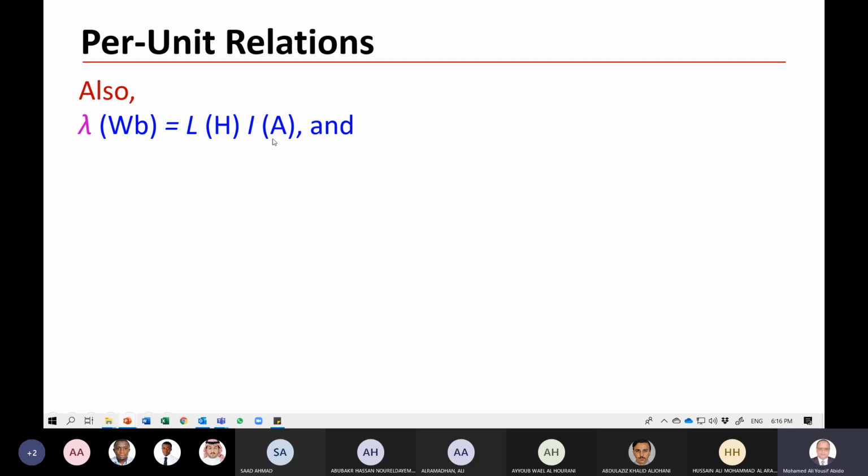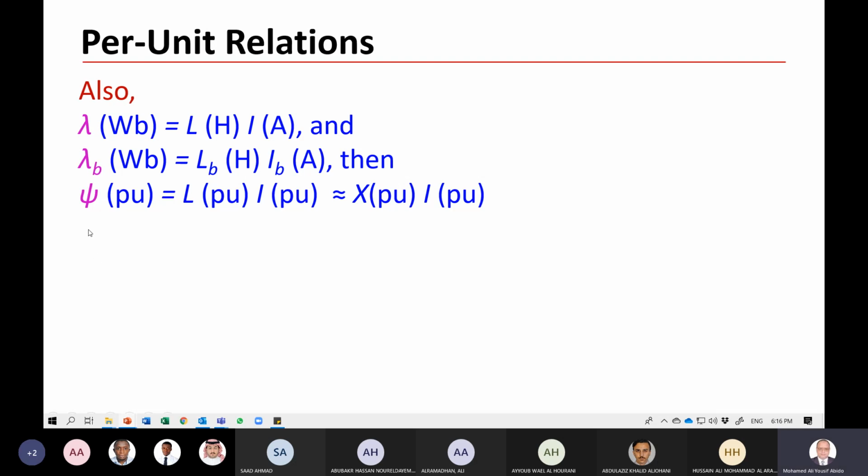Also, lambda equals L i, and lambda base equals L base I base, and the flux here per unit equals L per unit I per unit. This is the flux linkage, and this is the flux, but per unit. This is psi per unit flux.